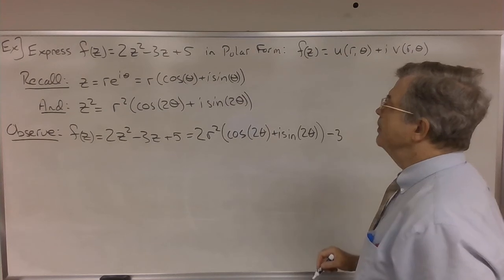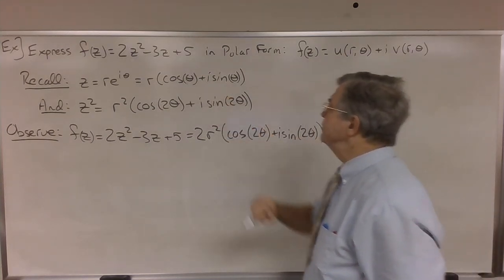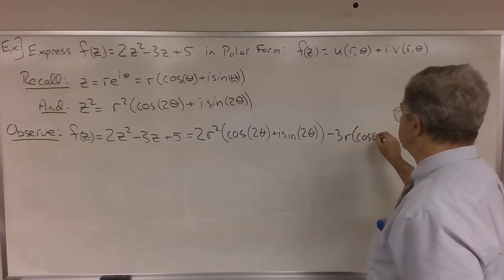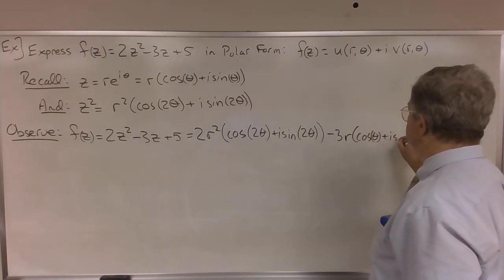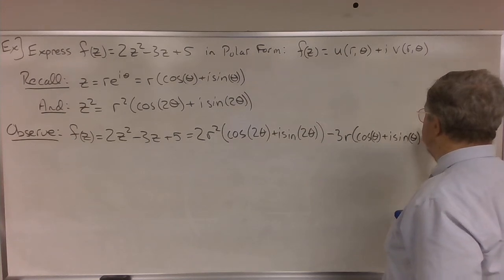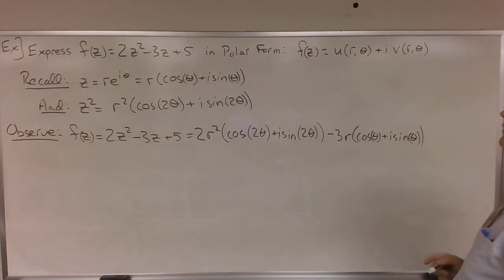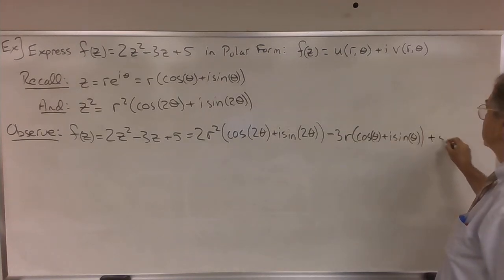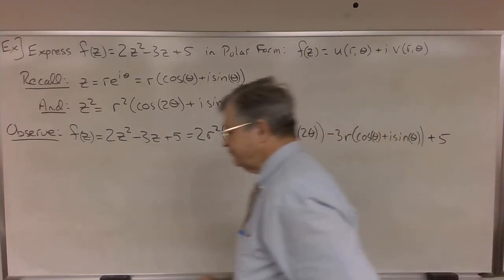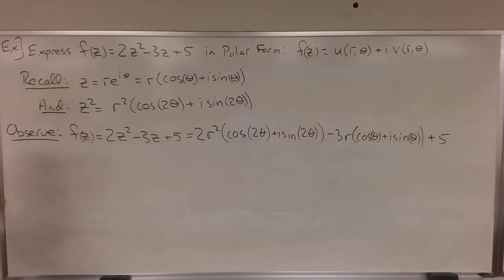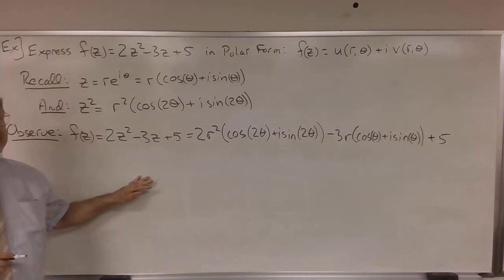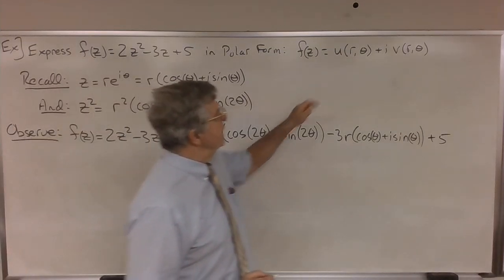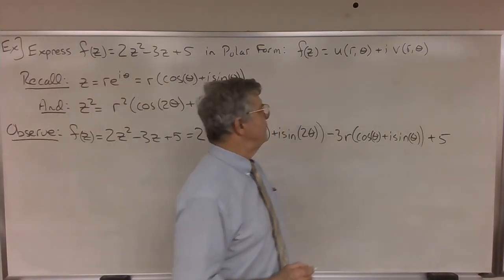So z is what? r times cosine theta plus i sine theta. Two z squared minus 3z plus 5. Okay. Now I have it in terms of r and theta. I just need to take what I have here and get my real part and my imaginary part.